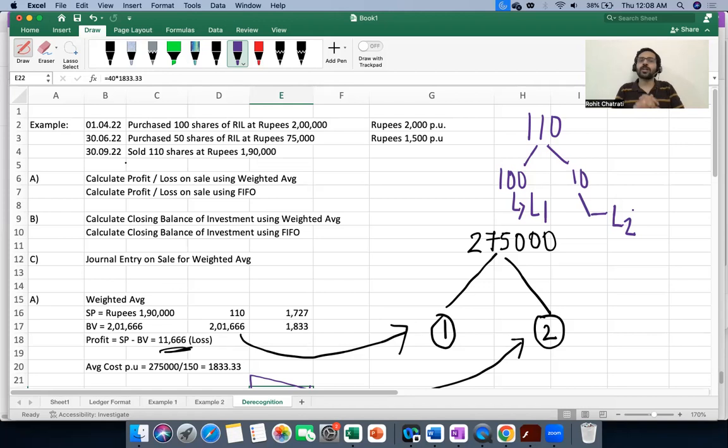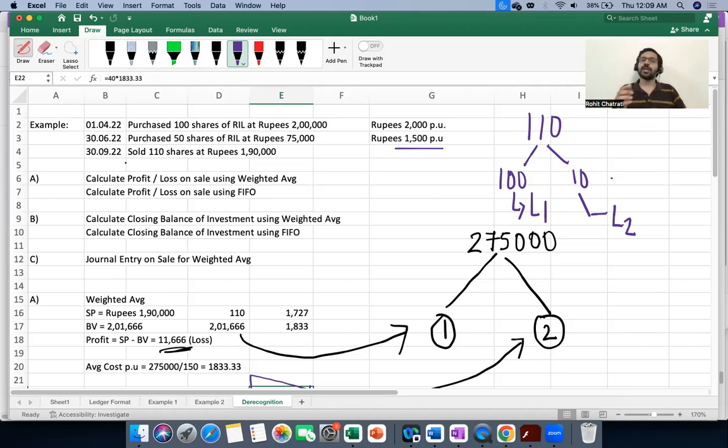In the second lot, you have purchased 50 shares for 75,000, but you have sold only 10 units out of it. So the cost of those 10 units sold will be the cost per unit, 1500, multiplied by 10, which is equal to 15,000.